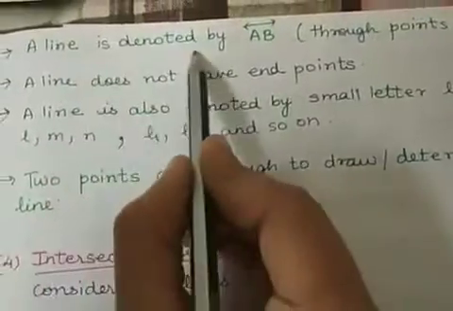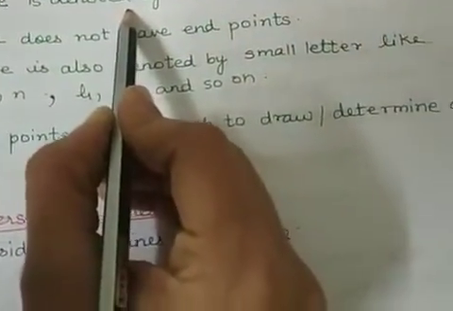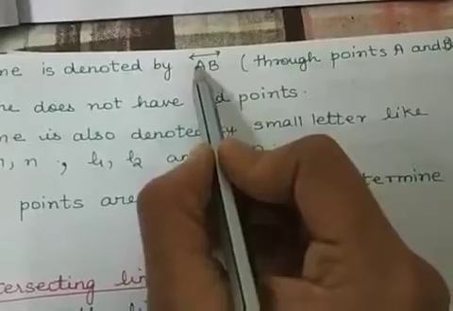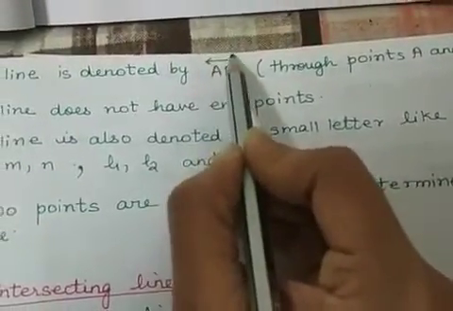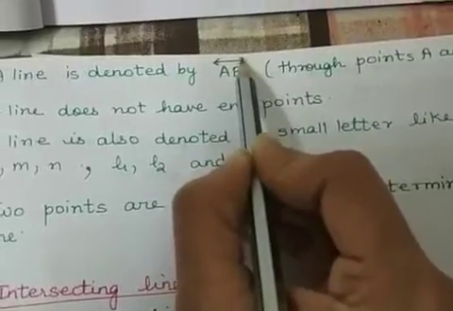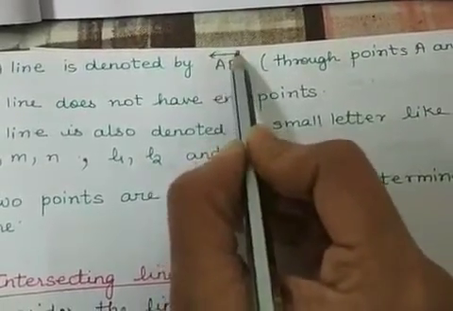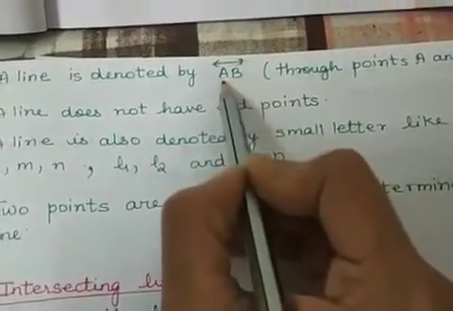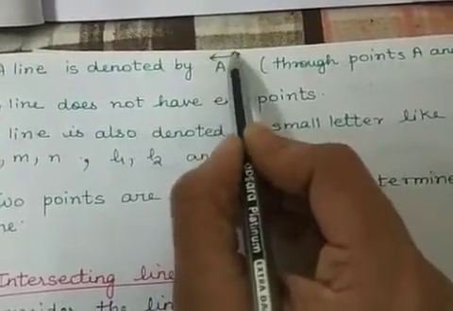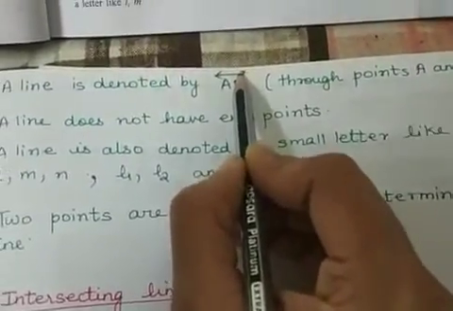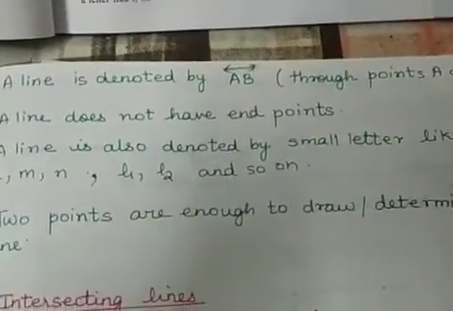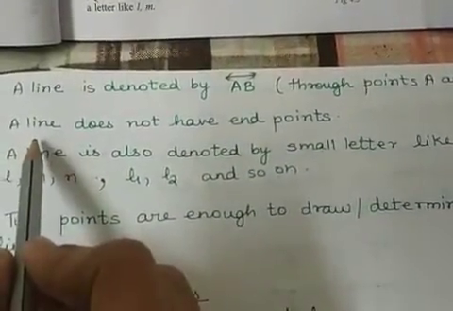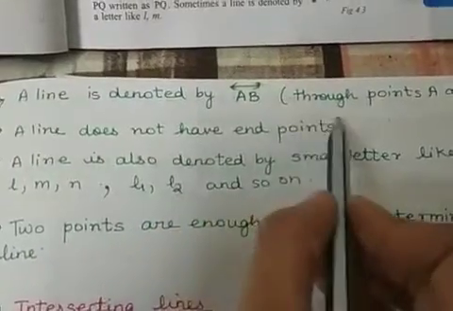Now how is a line denoted? A line is denoted by AB with a line on top, and this line has arrows on both the sides. For a line segment it was just a line without arrows, but for a line it has arrows on both the sides. So this is a line through points A and B. As I told you before, a line does not have endpoints.